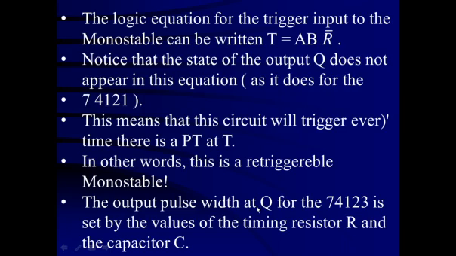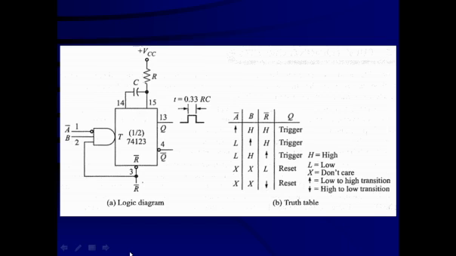The output pulse width at Q for the 74123 is set by the value of the timing resistance R and the capacitor C. So you can see that if you want to make it negative edge triggered, you have to provide the pulses at pin number 1, A bar.